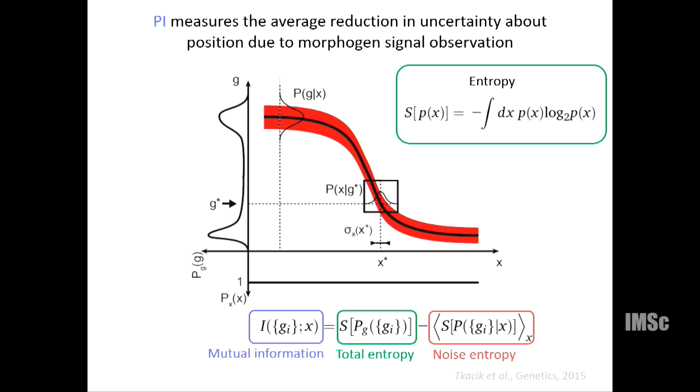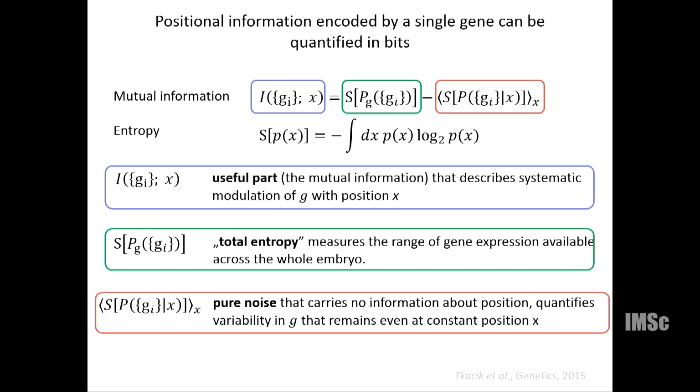If this distribution is narrow, then the cell can determine its position with quite good precision. This is basically restating that more formally. If someone would like to know more details, I refer to this paper, which contains a lot of the mathematical framework behind this.